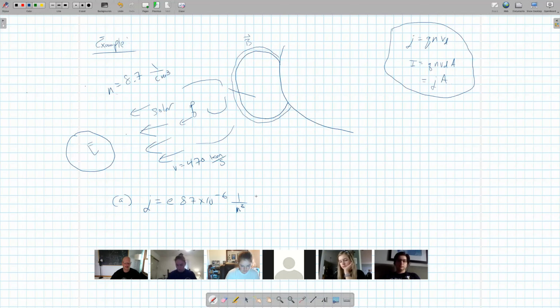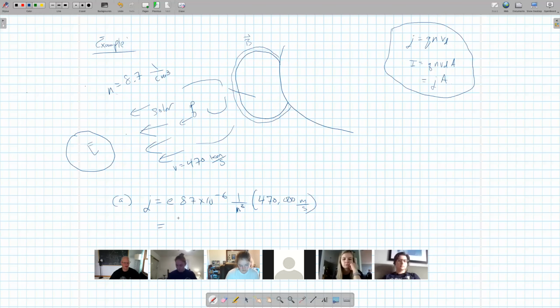Good. Times the speed here, and the speed has to be in meters per second. So it's going to be 470,000 meters per second. Good.